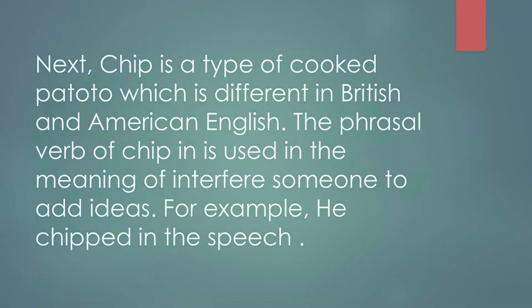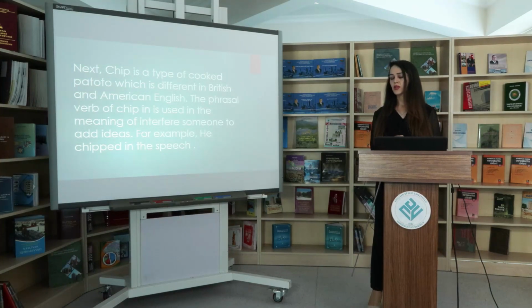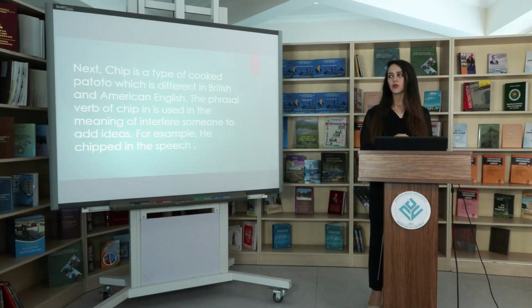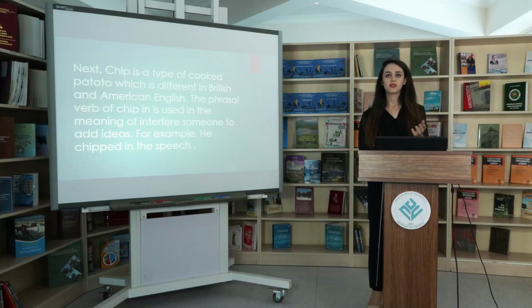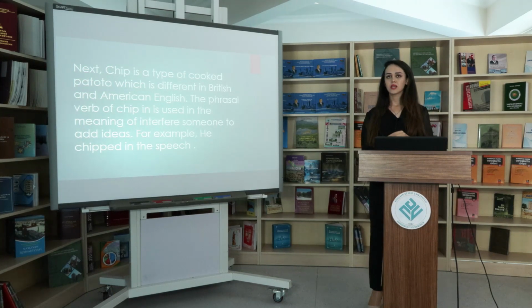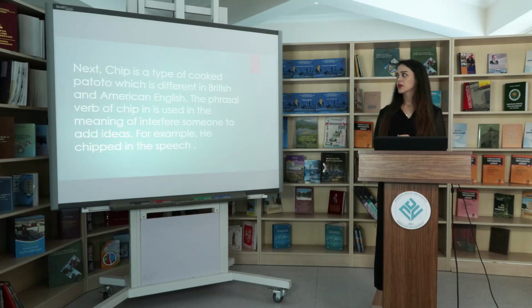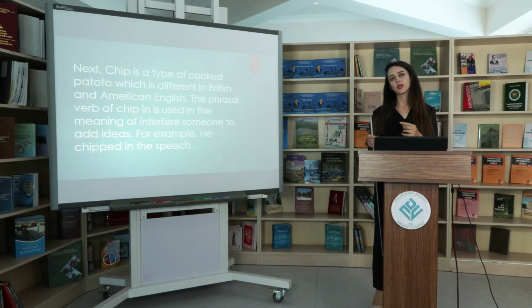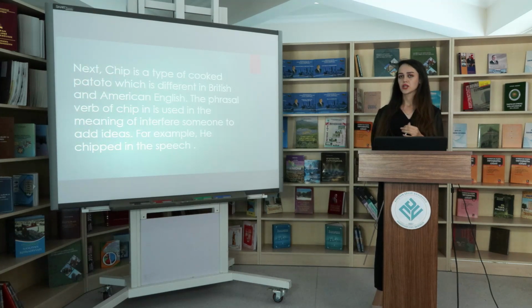Then the fourth one, which is chip in. Firstly, I want to explain to you what chip is. Of course, you know that chip is a type of cooked potato, which is different in British and American English. Why do I say so? Because as you know, English is divided into two places. The first one is British English, then American English.